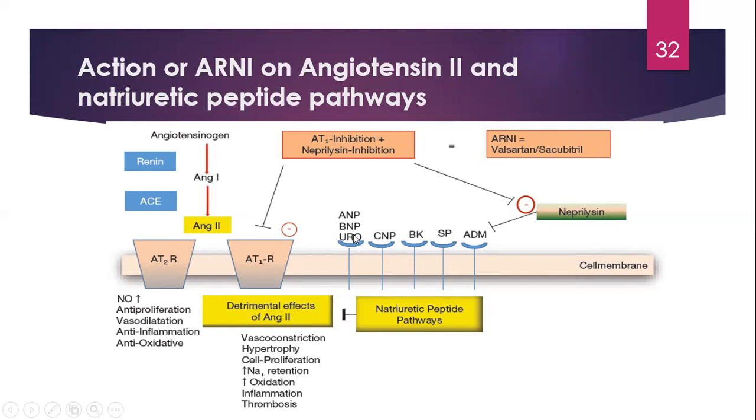And then it blocks the degradation of your natriuretic peptide, as well as other vasodilators like bradykinin and the others. So you get all the beneficial effects of this combination of neprilysin and angiotensin 1 receptor blockers.